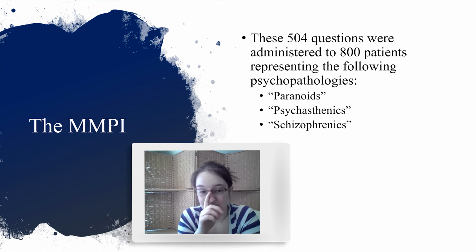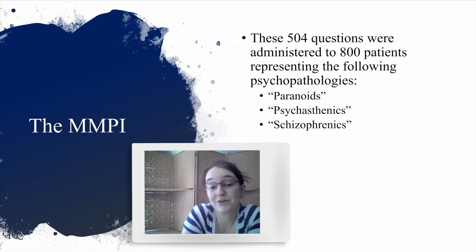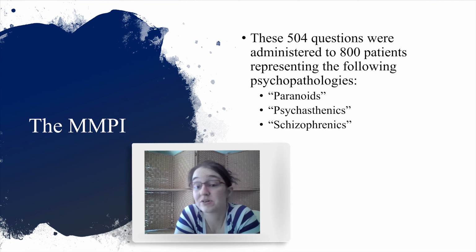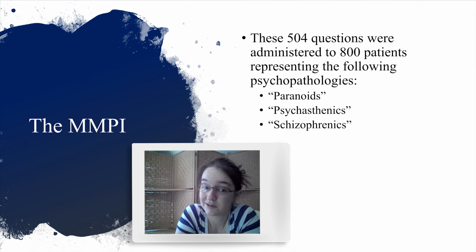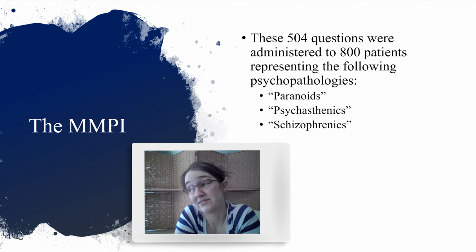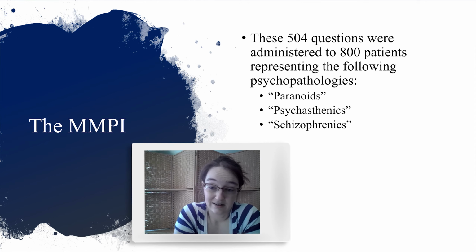So we've got 7 groups. Paranoid, so these were patients who showed extreme suspicions and delusions. So think paranoid personality disorder, or just the paranoid side of schizophrenia. Next we have this one I still cannot pronounce, psychasthenics.